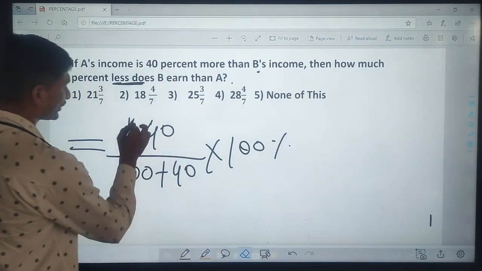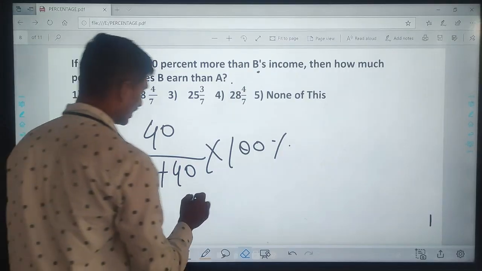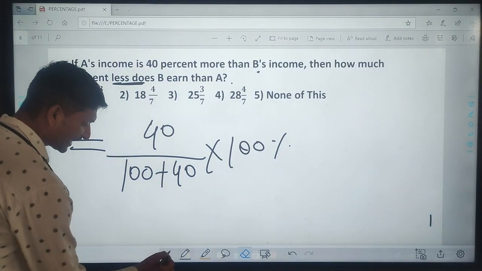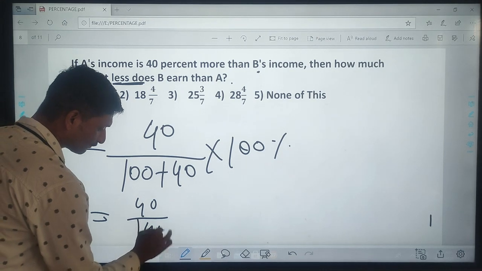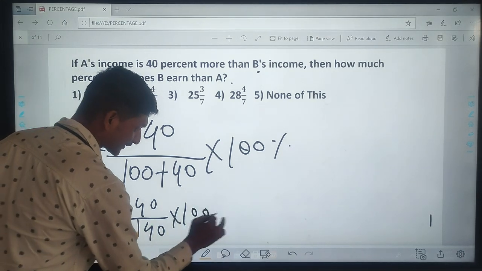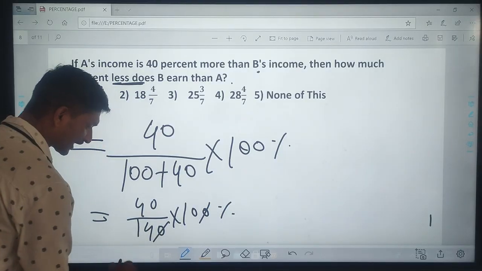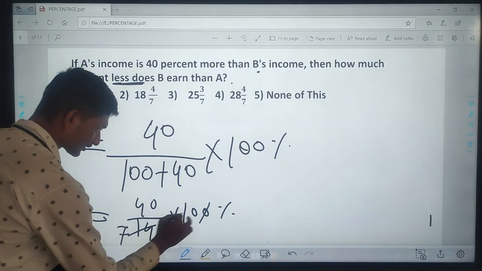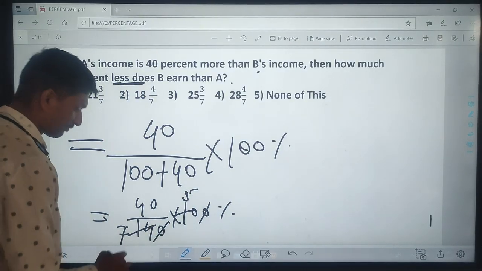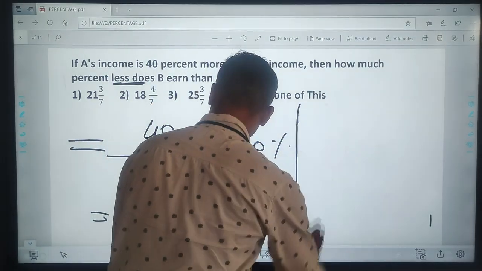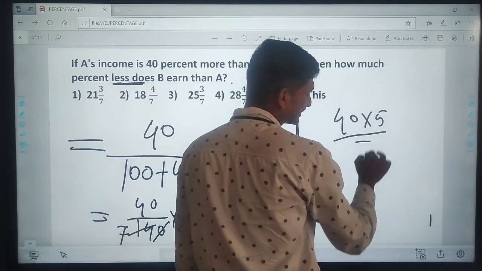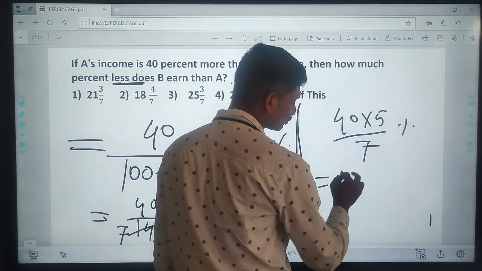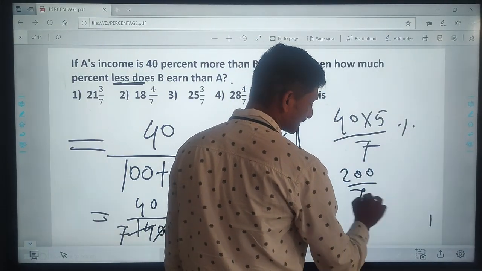100 plus 40 into 100%. Now here directly we write 40 divided by 140 into 100%. Now the zeros get cancelled. 14 into 5 divided by 7%, that is 200 divided by 7%.